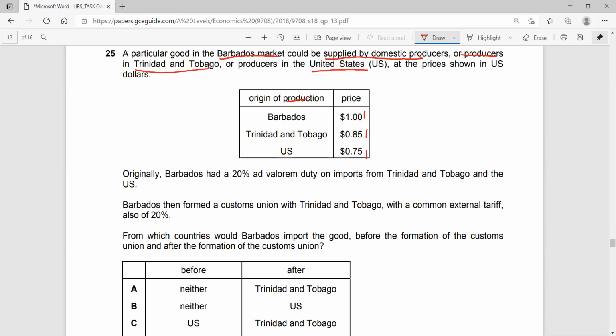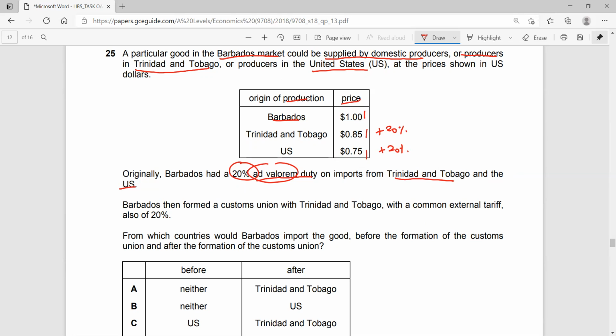Originally, Barbados had a 20% ad valorem duty, which is a percentage, not just a specific tax, which is just an amount, on imports from both of these places. So originally you would have plus 20% on both of these, not on your local production. That has to be factored into the cost, on top of the price.